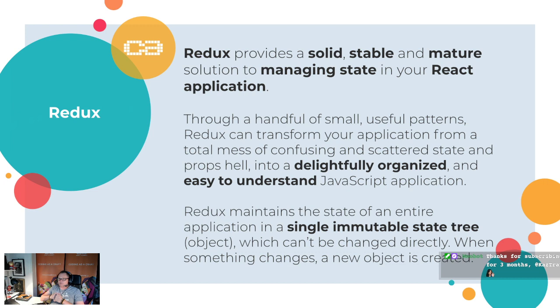And as I mentioned before, what Redux does at its core is to maintain the state of the entire application, rather than scattered all over the place, in one single object, or state tree as we call it. And here we also add the fact that it's an immutable state tree, which calls for an explanation, and we will talk about this.